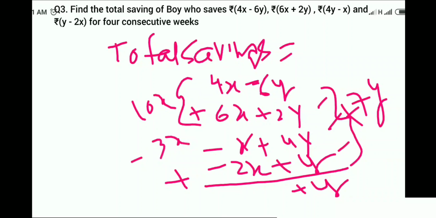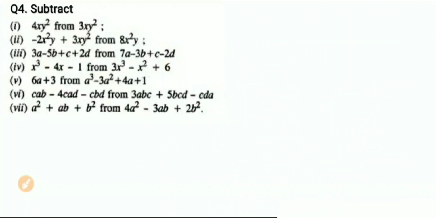Subtract 3x from 10x and we get plus 7x. When subtraction sign is added, the sign of the values changes. Keeping this in mind, we will evaluate these sums.